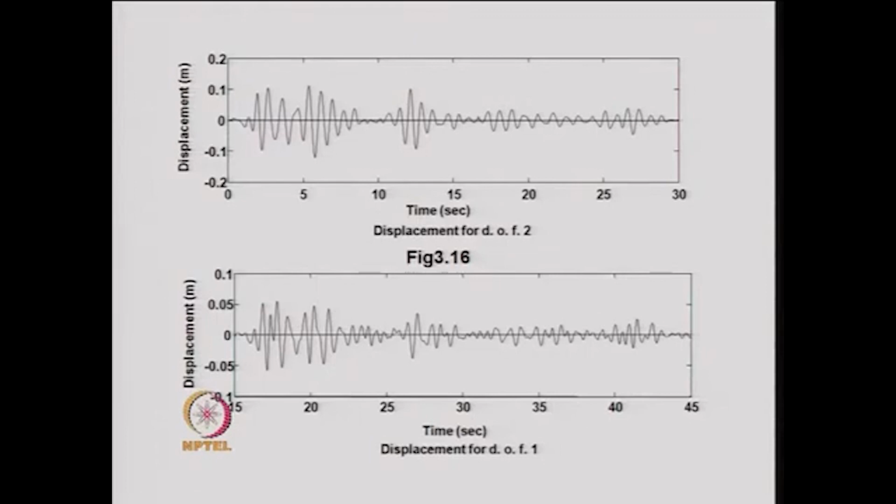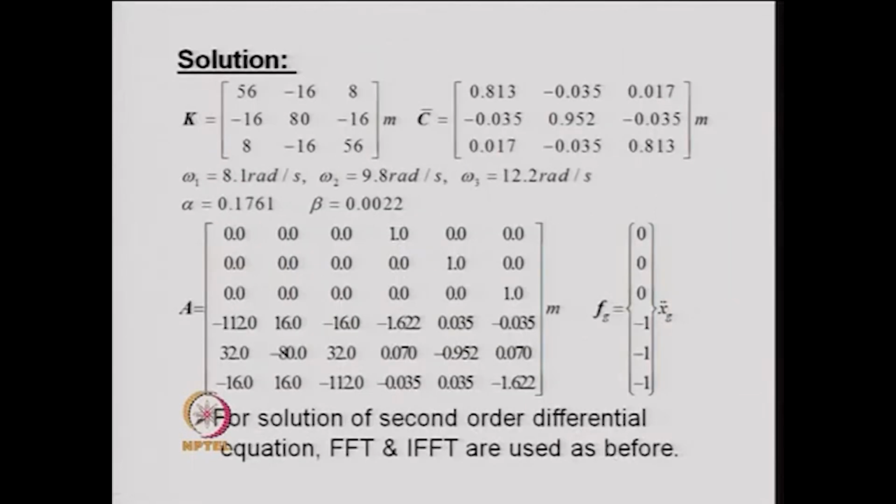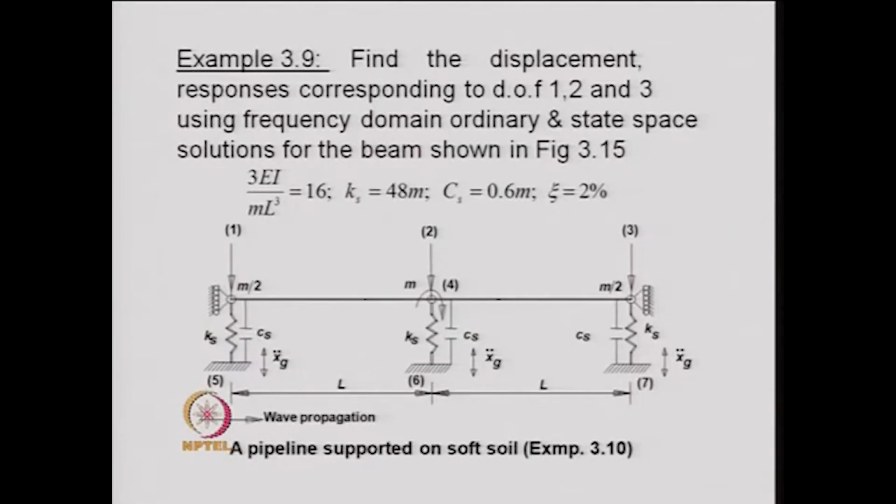And this result is for the solution that we obtain by solving the equation not in the state space, but by solving the problem as a second order differential equation. There also we can obtain the solution in the frequency domain. So, the objective of this problem was to solve this problem by 2 methods, that is using the frequency domain ordinary and state space solution.